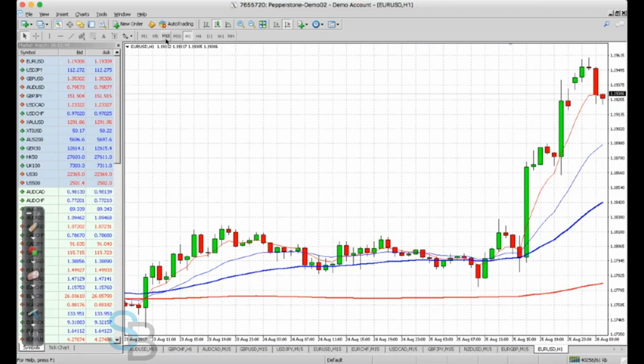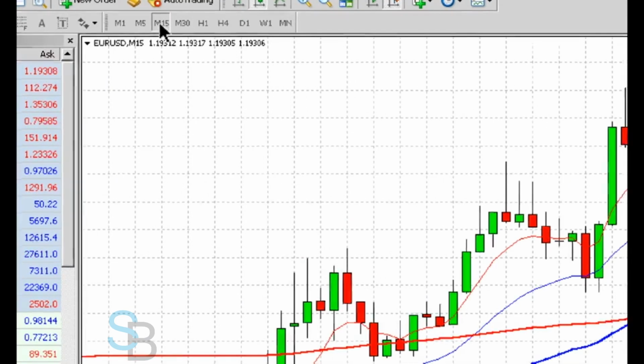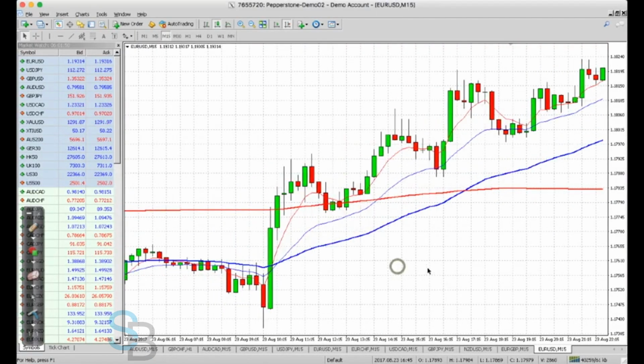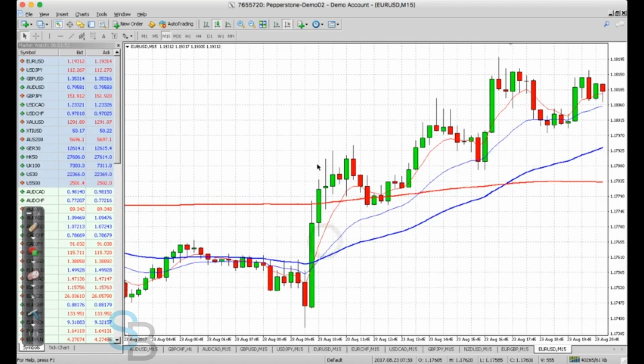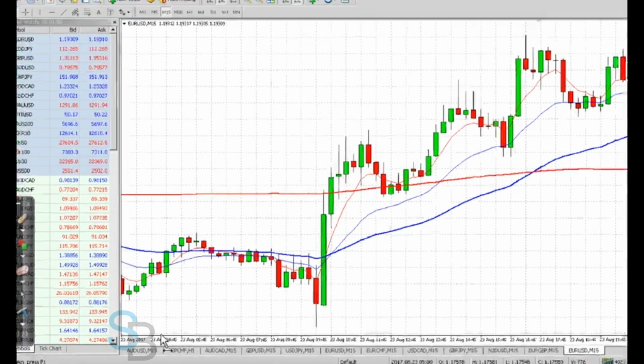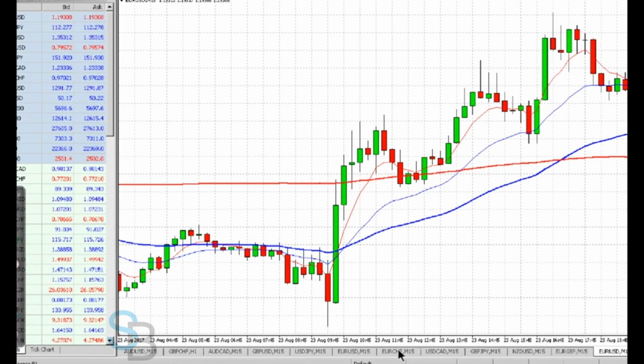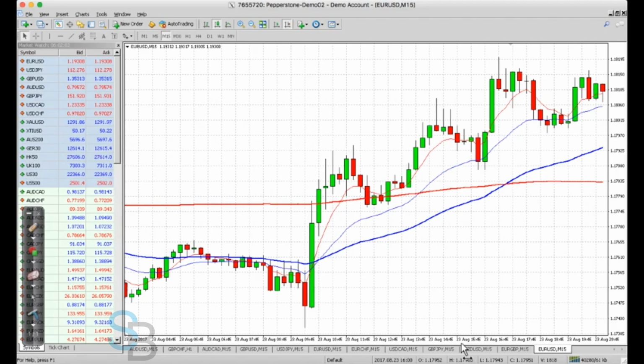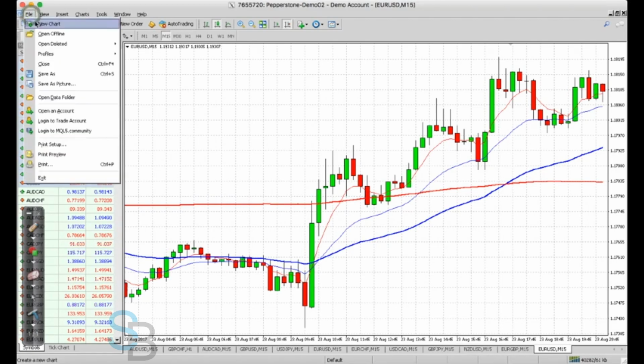Oh yeah, do make sure it is M15. Yeah, sorry, it should be on M15. Works best on 15-minute candles. Yeah. So again, create tabs for all the different pairs, right? So you got all the pairs in front, right? So every time you create a new pair, just file, new chart.